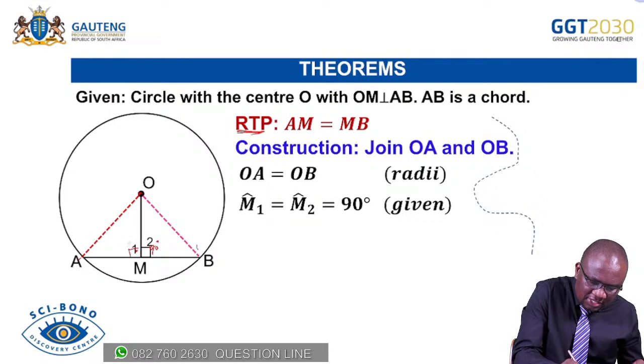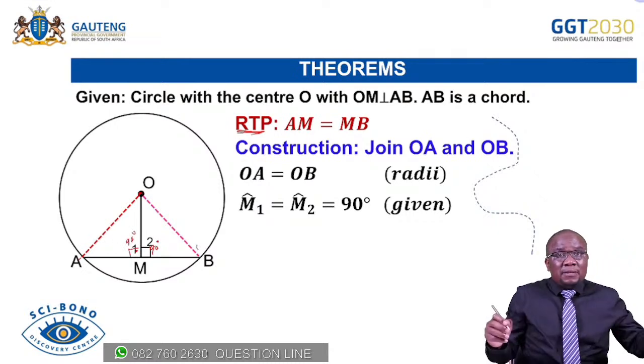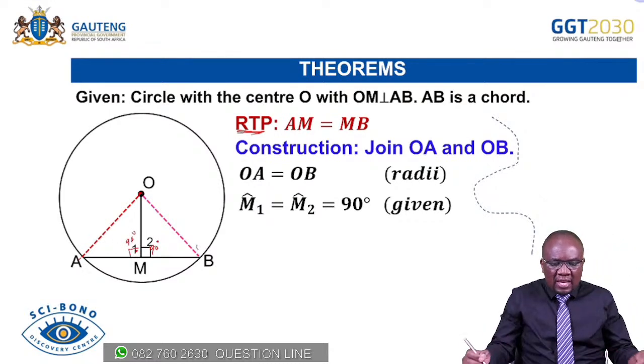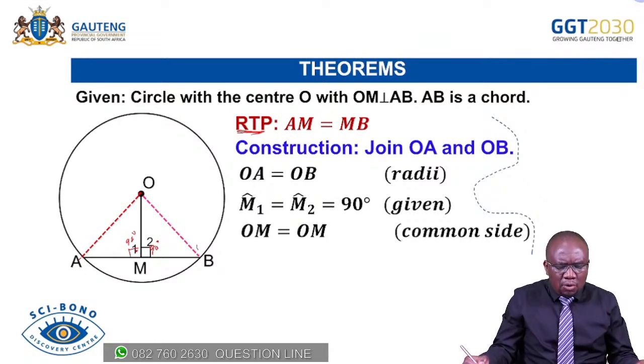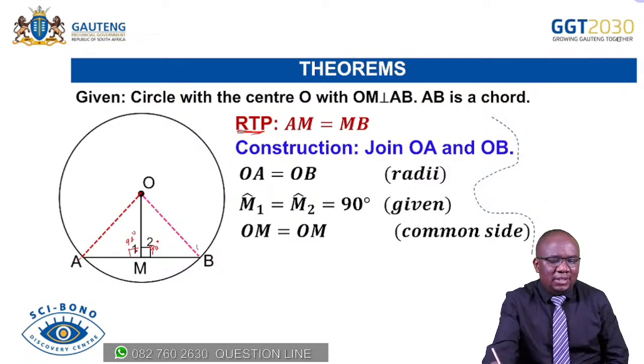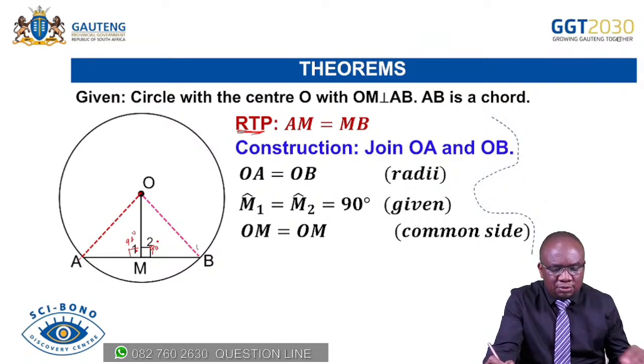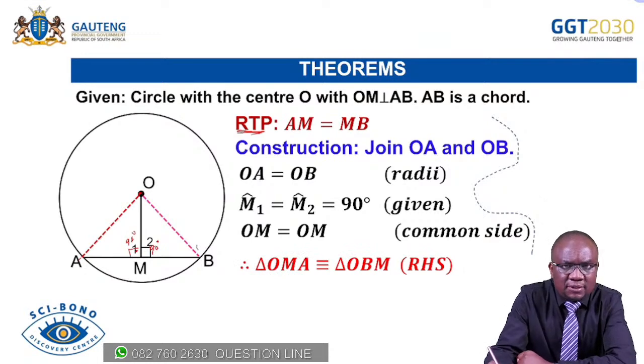This should also be 90 degrees, because angles on a straight line add up to 180 degrees. So M1 and M2 are equal. Then OM is a common side. So what condition do we have here? Side, angle, side. So it shows that these two triangles are congruent.